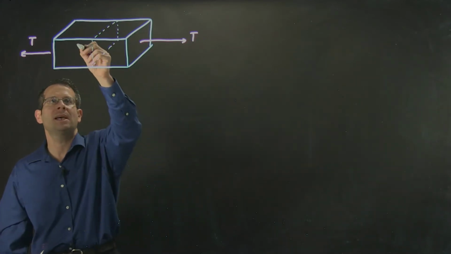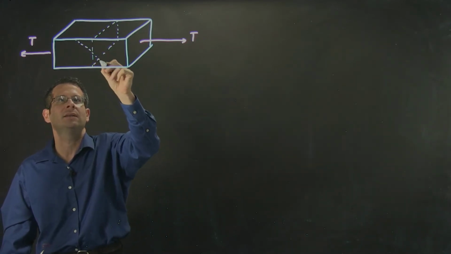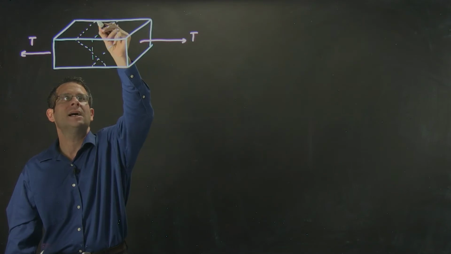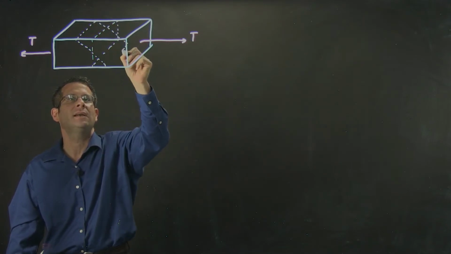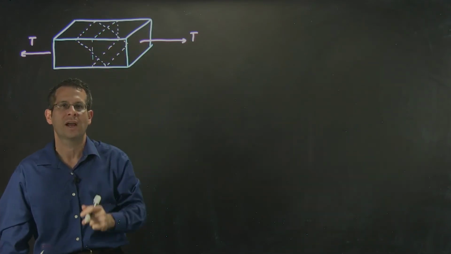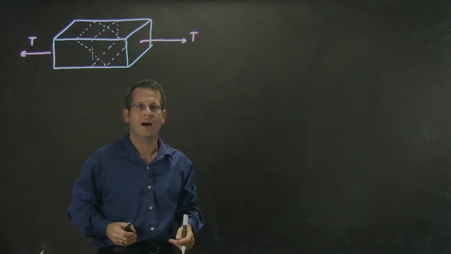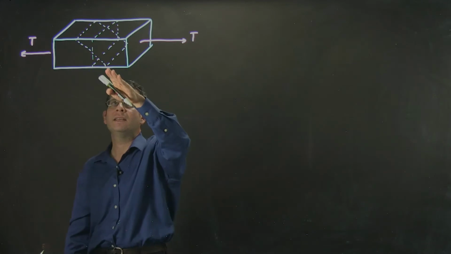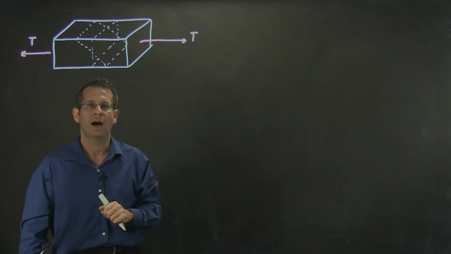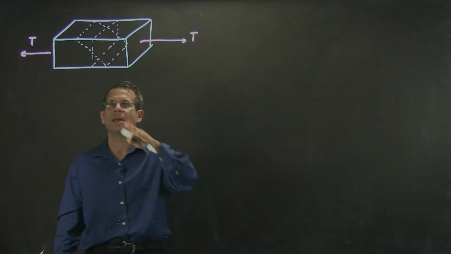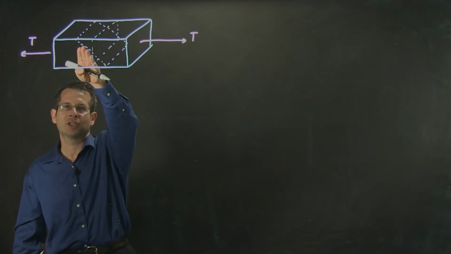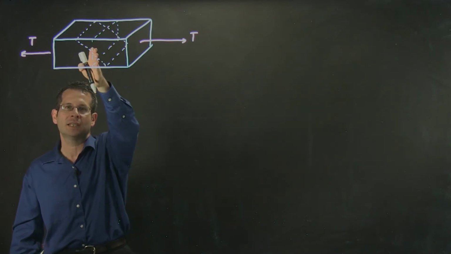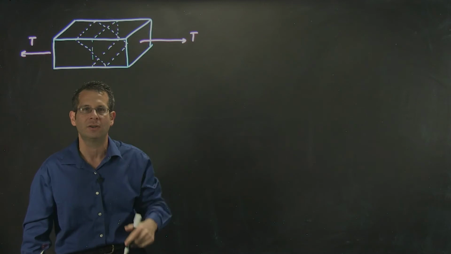But I could pick a different plane, and because this different plane has a different cross-sectional area through the body of interest, and because the angle that this makes with the force will be different, there will be a different stress if I select this angle versus this angle, or whether I selected that angle.